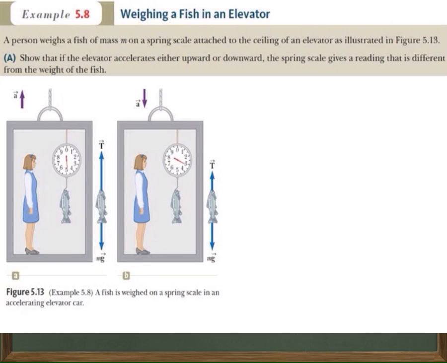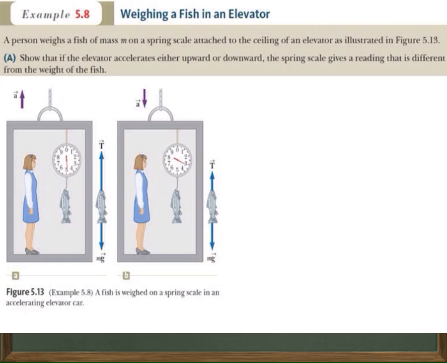So at the beginning, when the elevator starts its motion, of course it will have some acceleration, right? It will have upward acceleration when it starts going up. Also, when it is slowing down, it will have an acceleration. During these times, you feel a different weight.